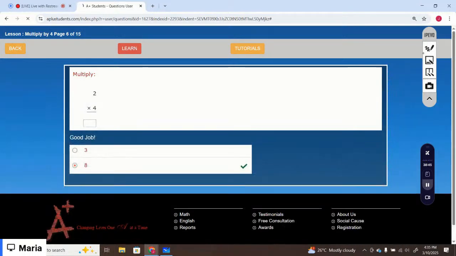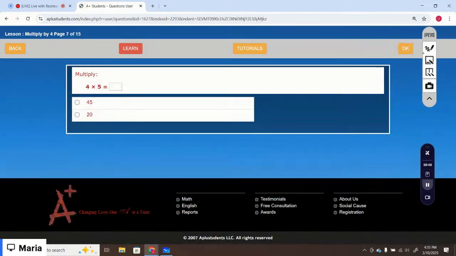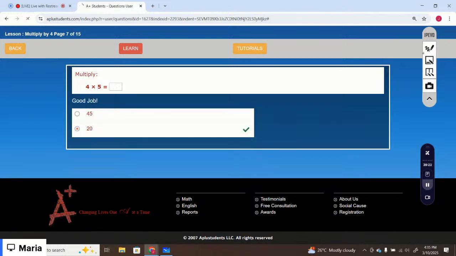Option number 2 is the correct option. 4 times 5 equals 20. Option number 2 is the correct option.